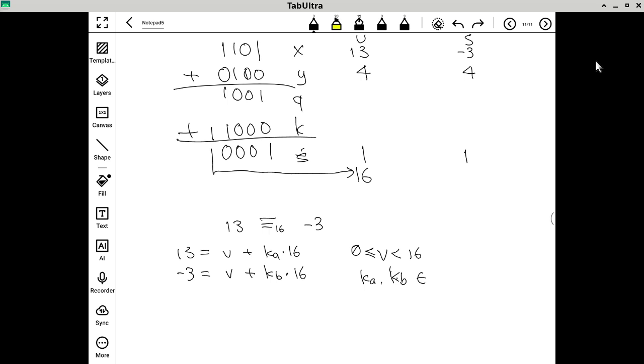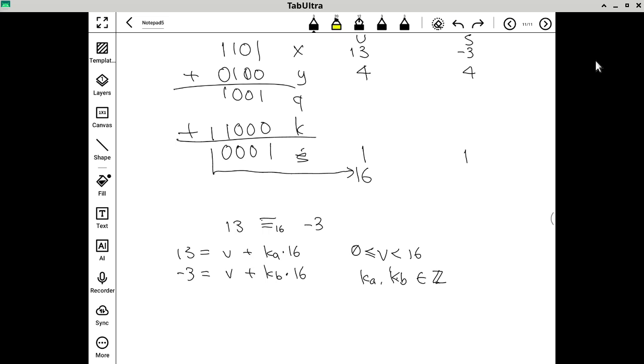So I'm going to use the math notation here. So now the question is, is that true? Okay, well, if we make V exactly 13, then Ka is a 0. If V is 13 and I choose KB to be negative 1, this equality works out as well. So that means both of them are really just V plus some integer times 16. The same thing can be done with 4. Okay, so 4 has another constant.